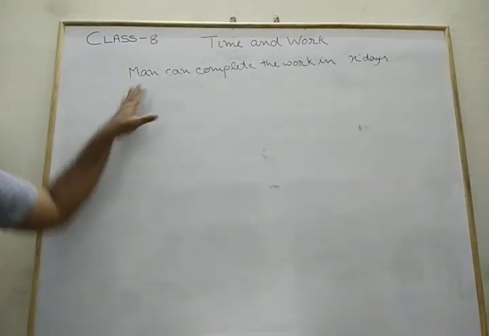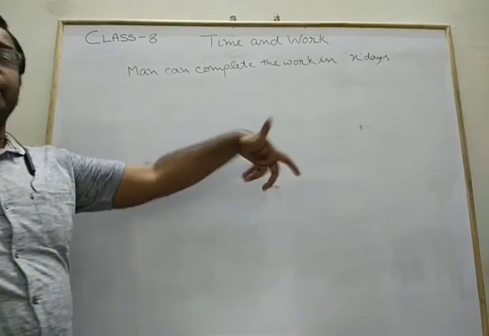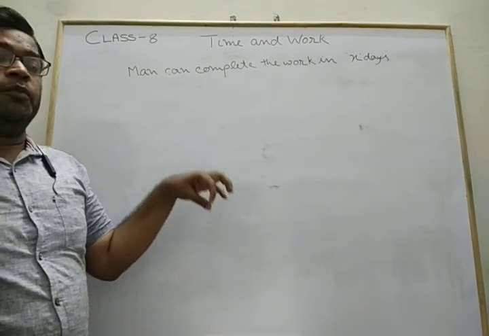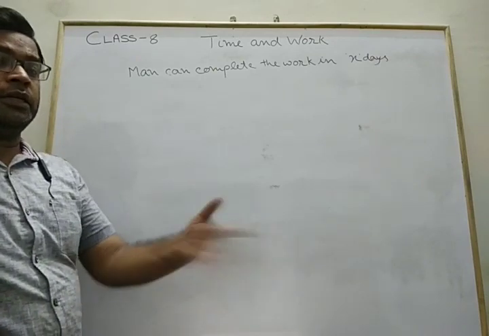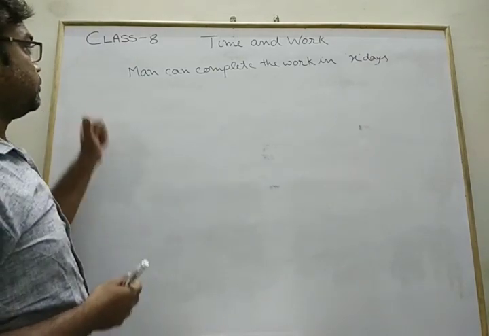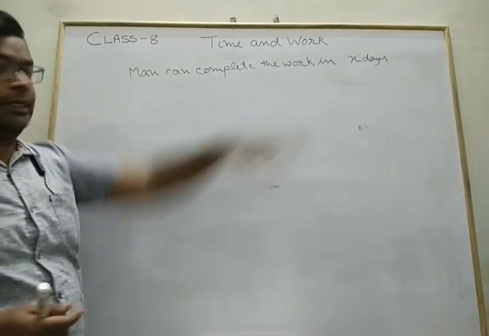It may be a man or an object, like a tap. When you open the tap, how much time does it take to fill the container? Like this, a man can complete the work in x days.